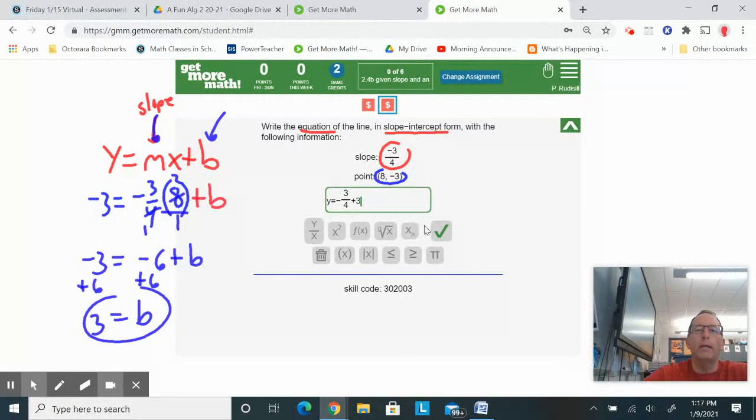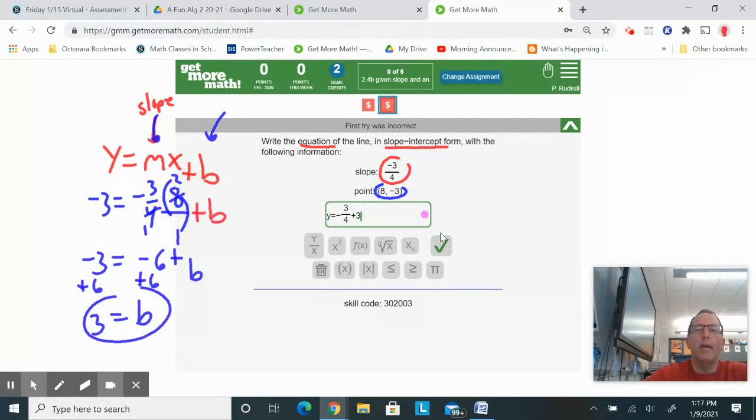Now, if we did it right, we should get some smileys here. I made a mistake. So I need to go back and take a look at what I did incorrectly. Okay, so let's do some investigating here. Oh, look at my equation. I put y equals -3/4 plus 3, and it's supposed to be y equals mx plus b.